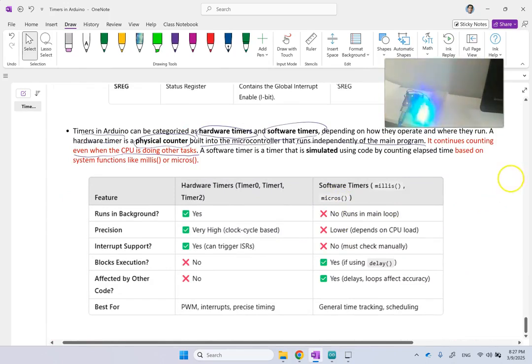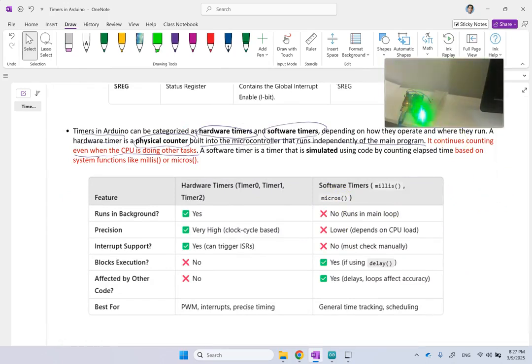Good. Now, a software timer is one that you do in software, just based on the times that those hardware ones provide for you. The millis and micros functions are kind of software timers, because as you just saw, millis is basically using timer 0 behind the scenes to generate something about 1,000 microseconds.